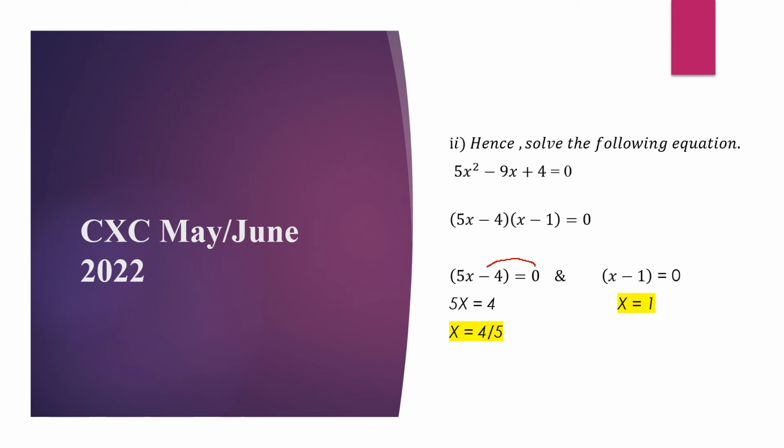Let us write it here. 5x is equal to positive 4, then anything that's done to one side of the equation, we must do it to the other side.